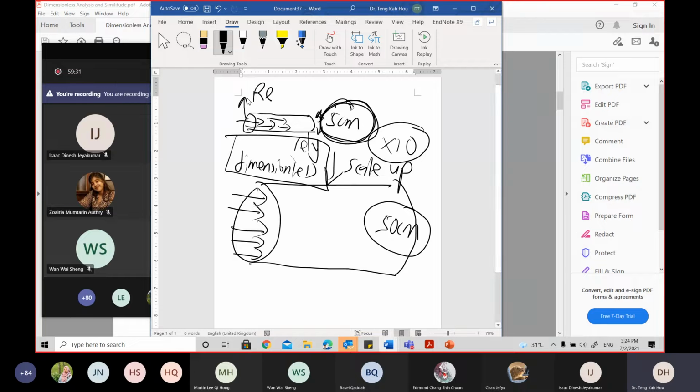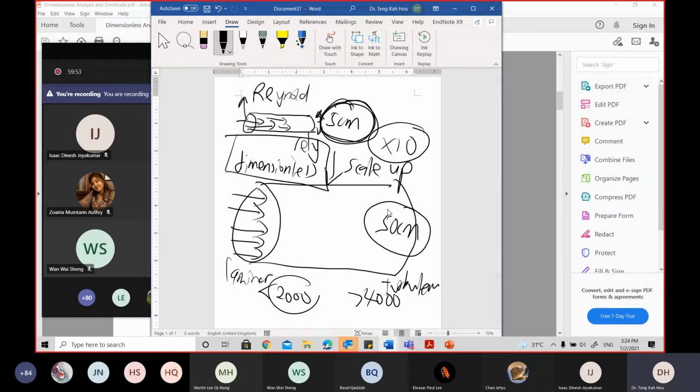Reynolds number. Do you know what Reynolds is? You heard of this, right? Yes. And you know that a Reynolds number less than 2000 is laminar, and more than 4000 is turbulent. How do you define this if there's a diameter dependence?